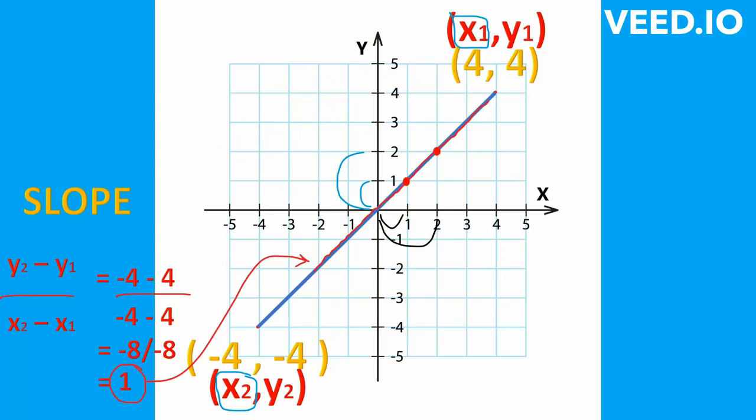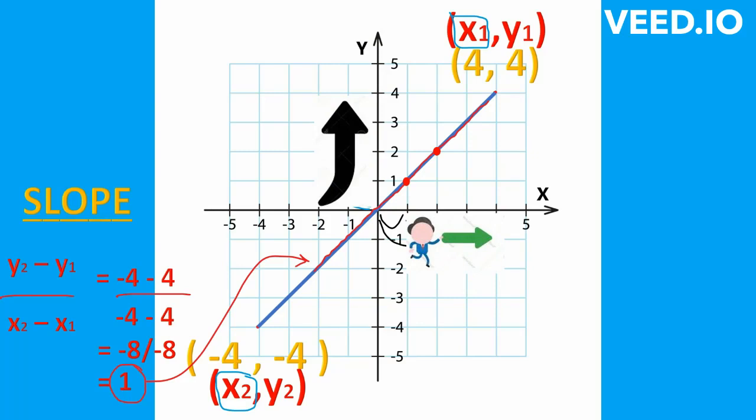This means there is a rise of 2 units on the y side for every 2 units of running on the x side, that is, horizontally. That is why slope is called the rise over run.